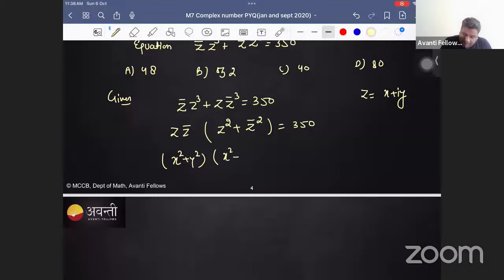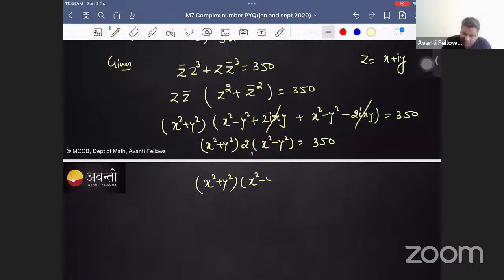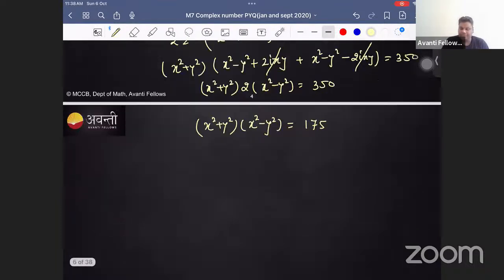Z square will be x square minus y square plus 2 iota xy, and z bar square will be x square minus y square minus 2 iota xy. Now this 2 iota xy cancels. So it is x square plus y square into twice of x square minus y square is 350. So it is x square plus y square into x square minus y square is 175. Correct?